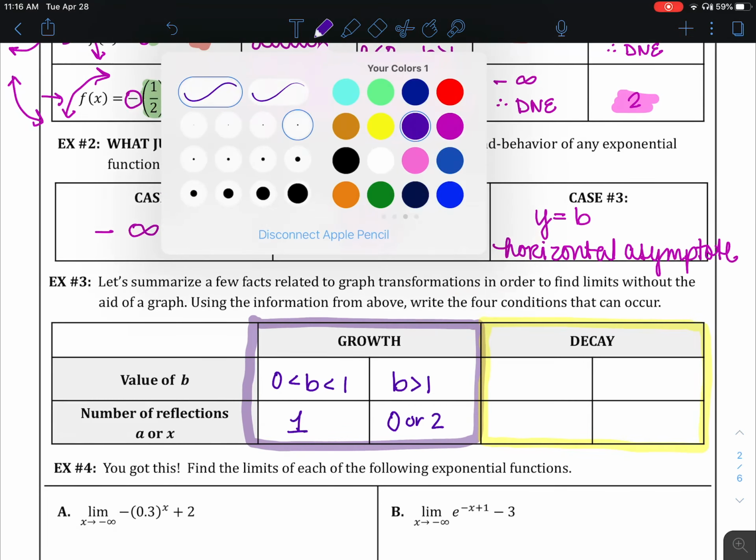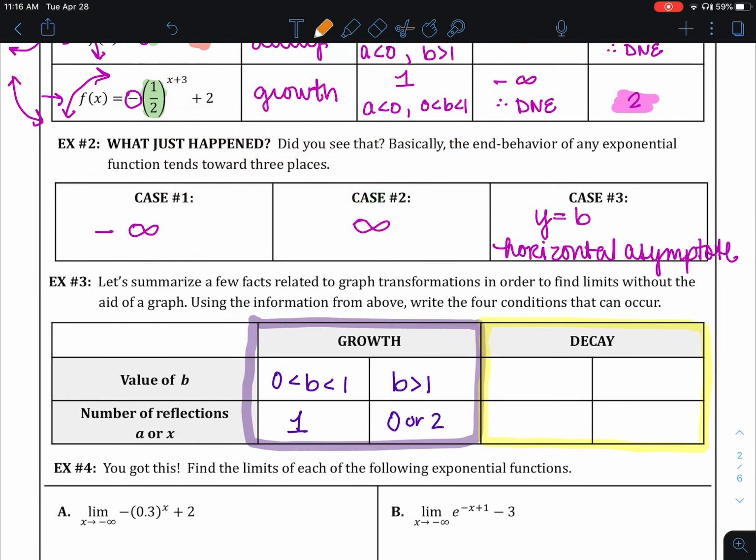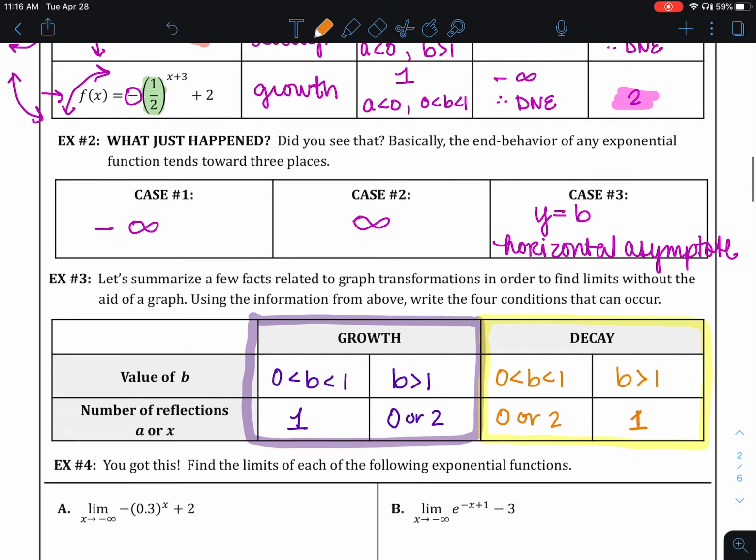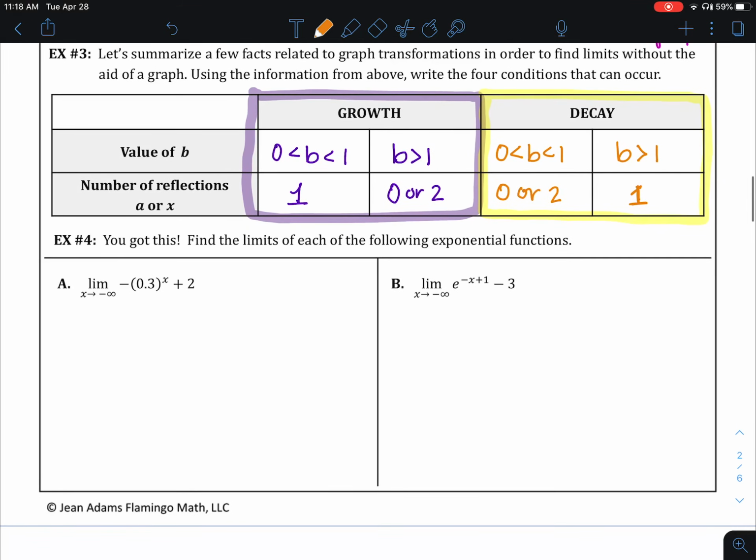We would see decay if 0 is less than B is less than 1 and we would have no reflections, or we would have 2. Again, switching back and forth. But if the B value is greater than 1, we're going to have 1 reflection in order to have it change to decay.